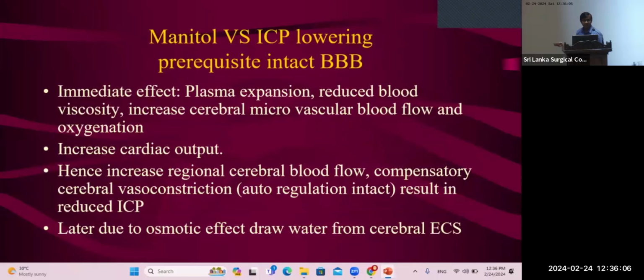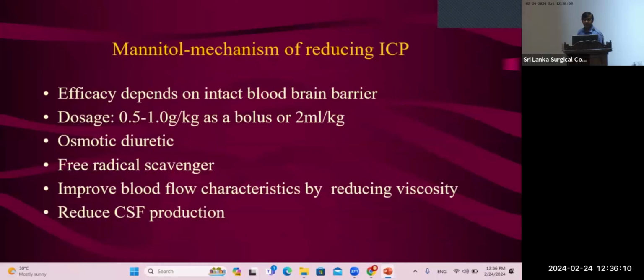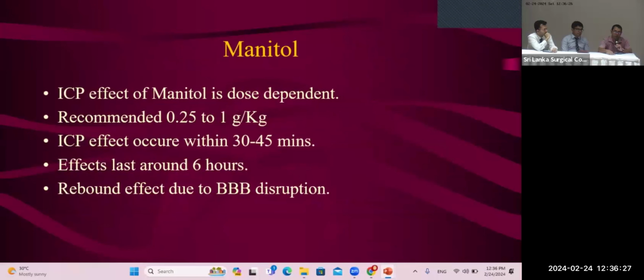In regard to hypertonic saline, the issue is you have to keep a close record of the patient's sodium levels. When you give hypertonic saline, the ideal plasma concentration that you want is roundabout 150. So there's no point giving hypertonic saline and just waiting. You have to reach that threshold, so you have to repeatedly look at the sodium levels. Whether that is possible in Sri Lanka is another thing.